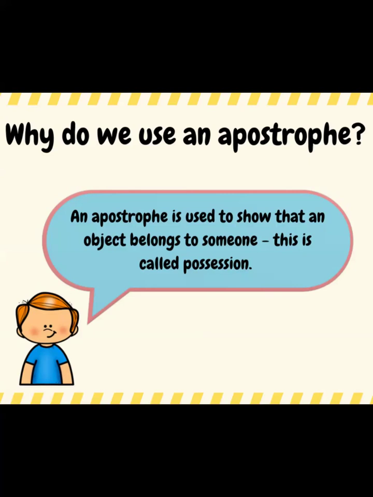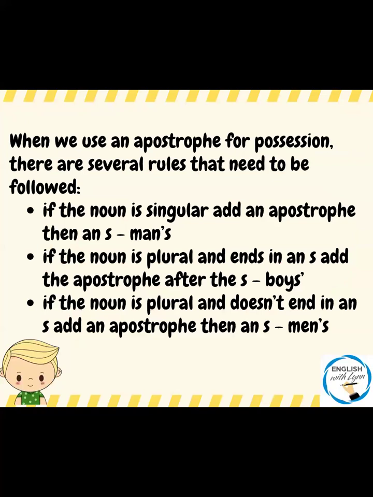Okay, because possession, it means that it belongs to you. And when we use this apostrophe for possessions, there are several different rules that we need to know. Now, let's have a look at those rules because the first rule is quite straightforward.